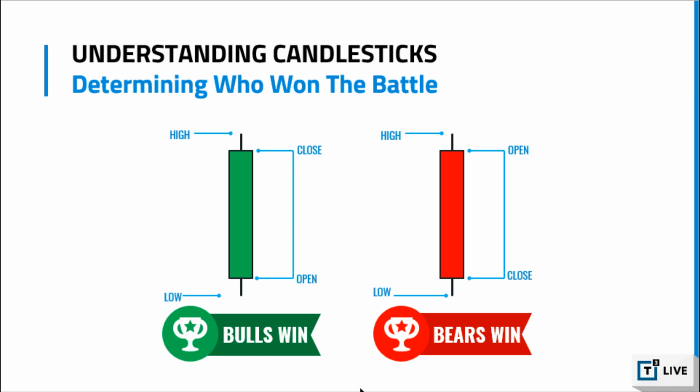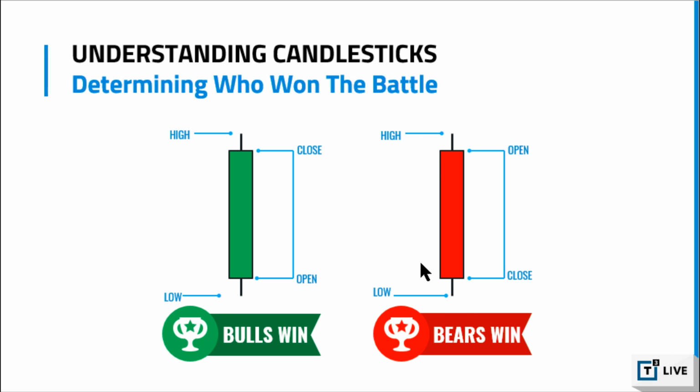There are 5 things to be aware of when it comes to a single candle. The high and the low are the same whether it's a red or a green candle: the highest high and the lowest low on the candle.